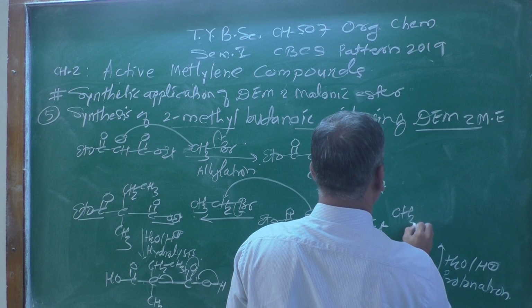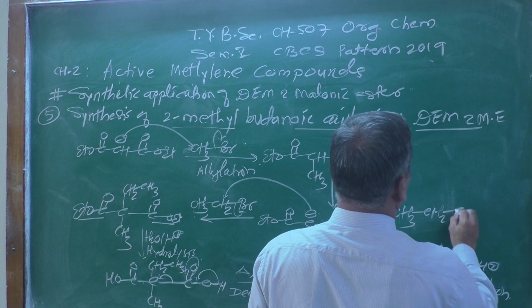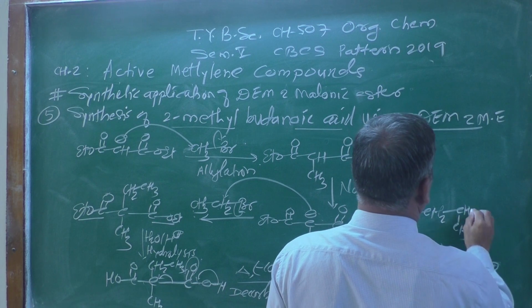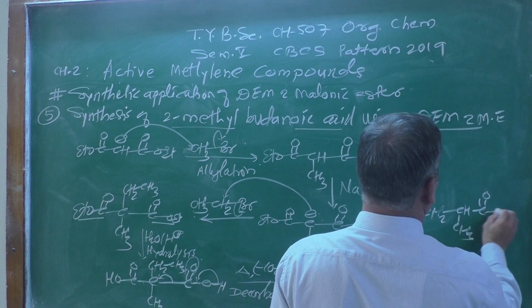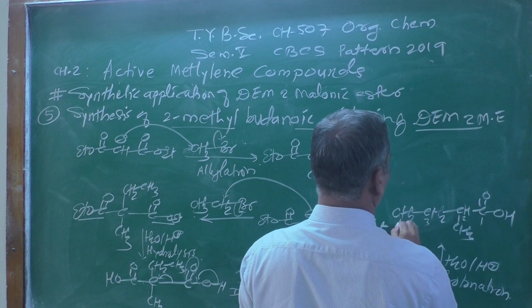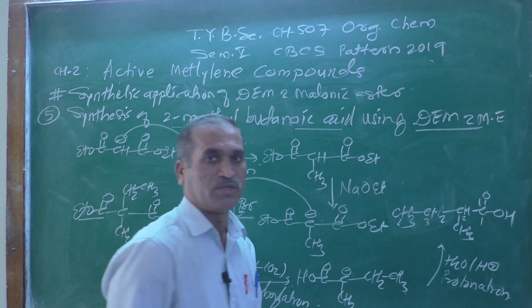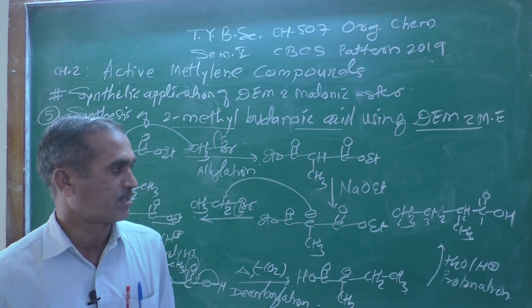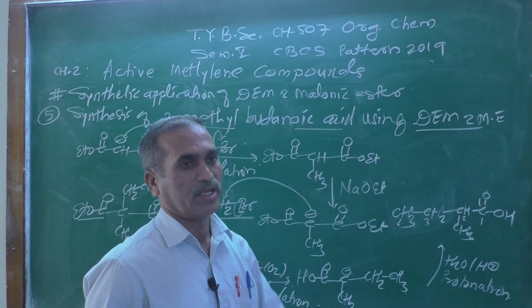This one CH3, then CH2, then here CH3, H and C double bond O, OH. If you number this 1, 2, 3 and 4, what we got? We got our desired product or the final product, or what we can call the end product.